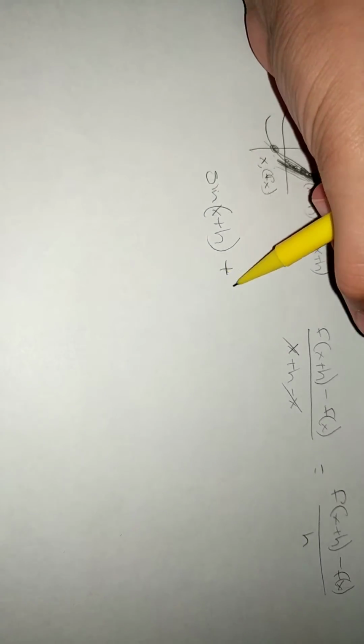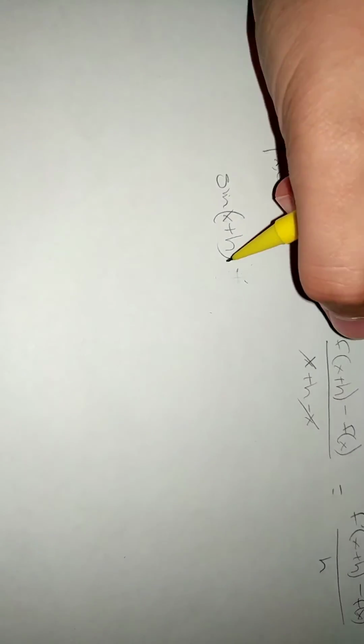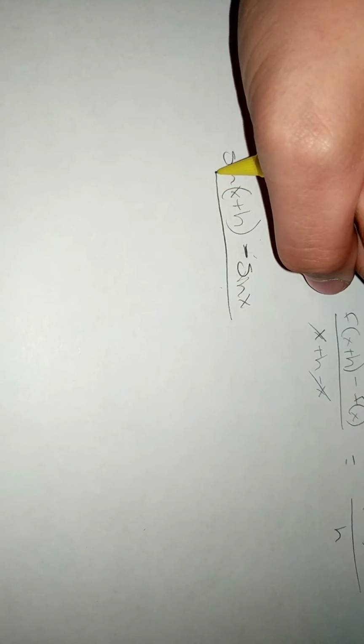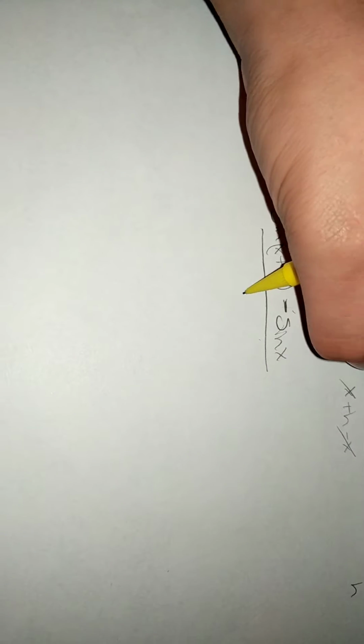So I'm going to replace all the f's with sine, so now we're going to have sine of x plus h minus sine of x divided by h. And this is, of course, as h approaches 0, so that we have smaller and smaller values of h.